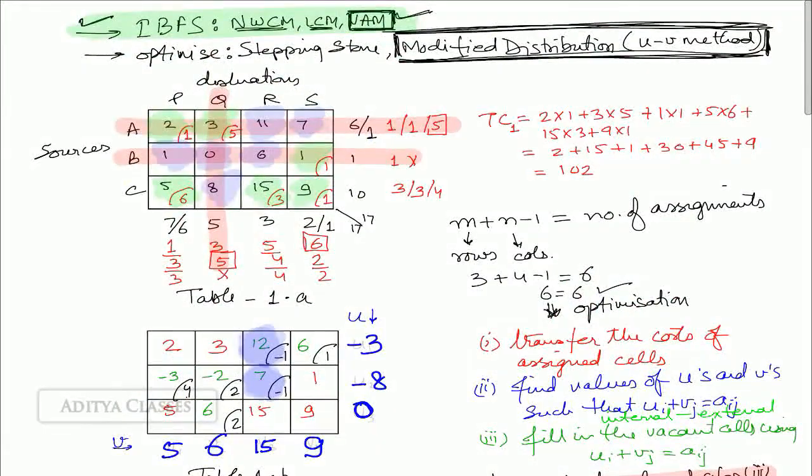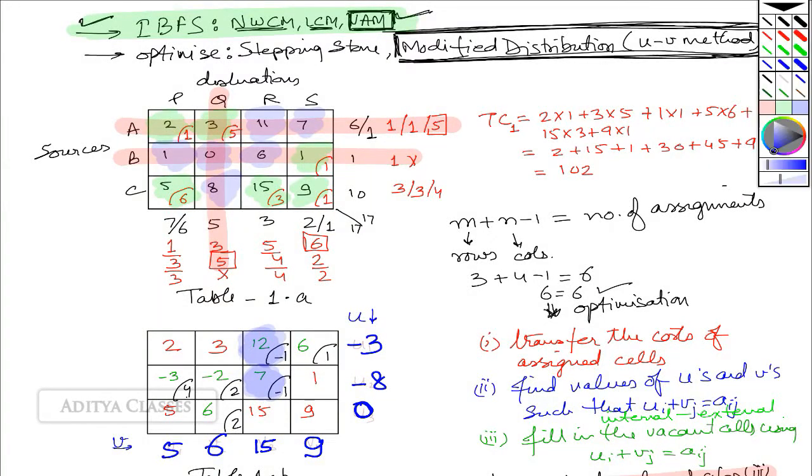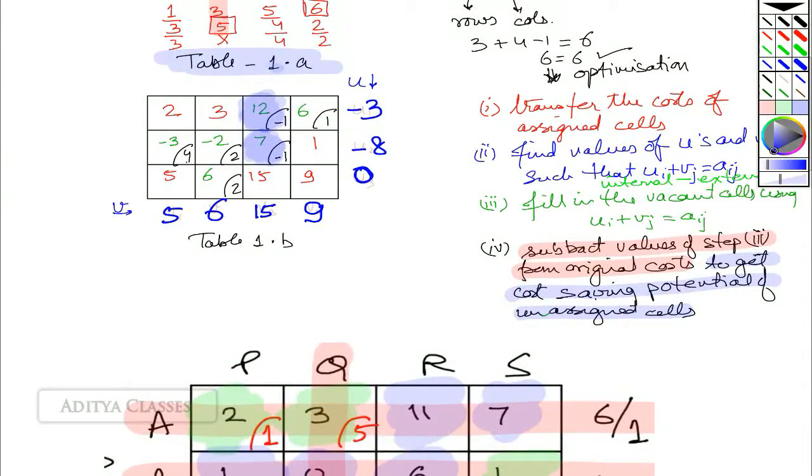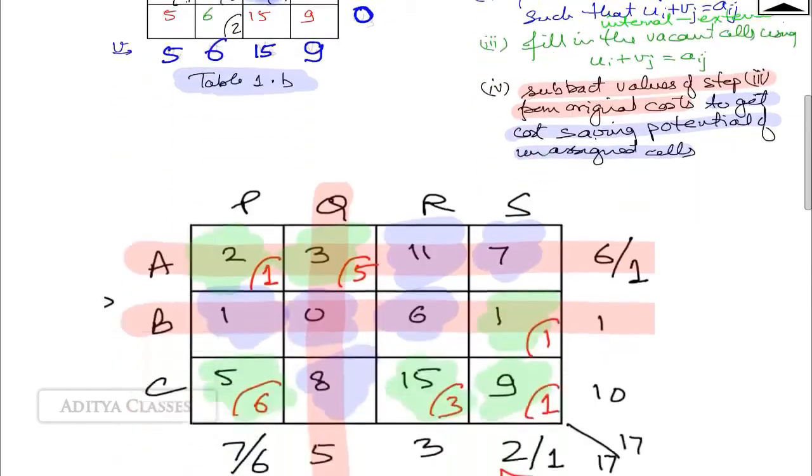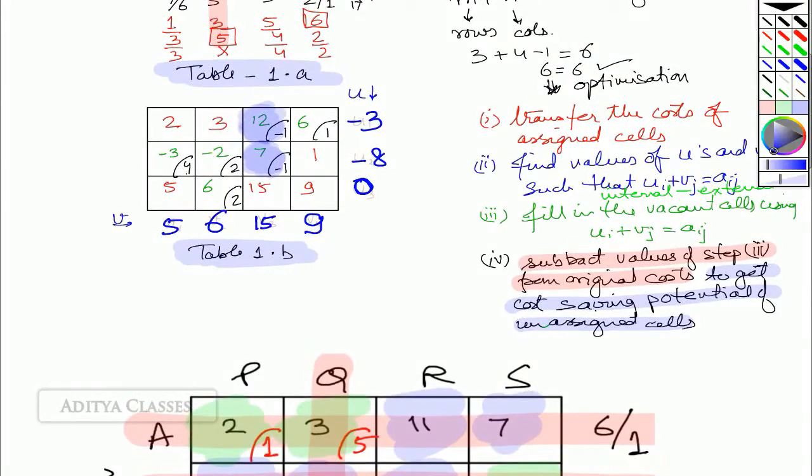Now I have my two tables, table 1A and table 1B. What is this 1A? This 1A is first phase table A, first phase table B. Now I'm considering two cells which look like they are reducing the cost.